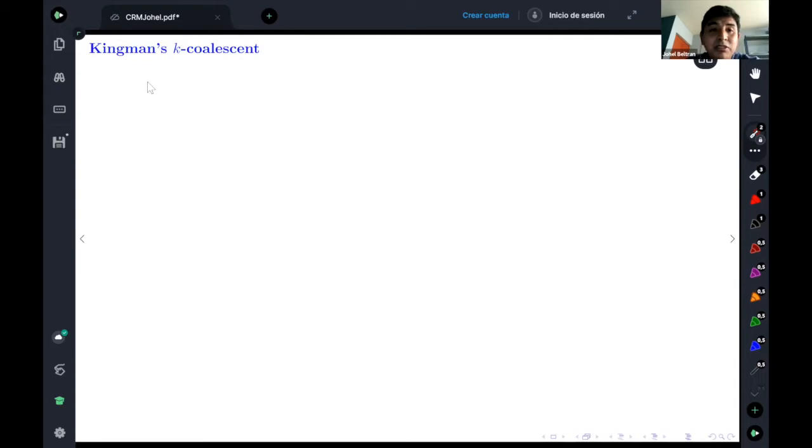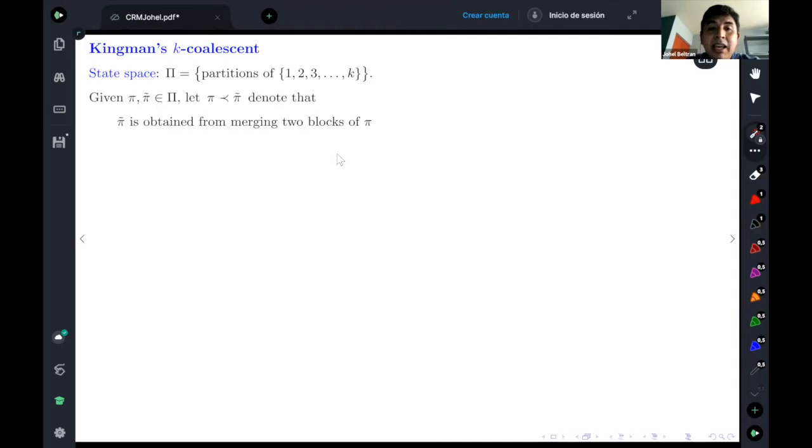Let me introduce the Kingman's K-coalescent, which will finally be the limiting process for our problem of lumping. This is a Markov process on this state space, the set of partitions of the numbers from 1 to k. Okay. And in order to define the transition rates for this Markov process, let me introduce this notation.